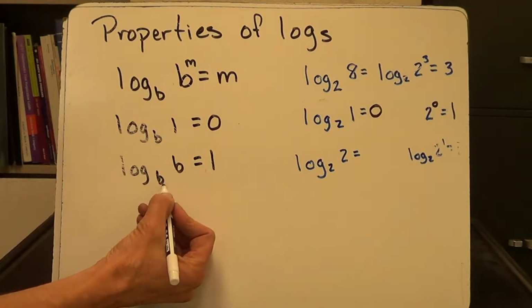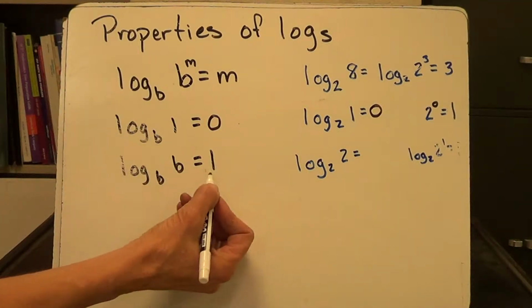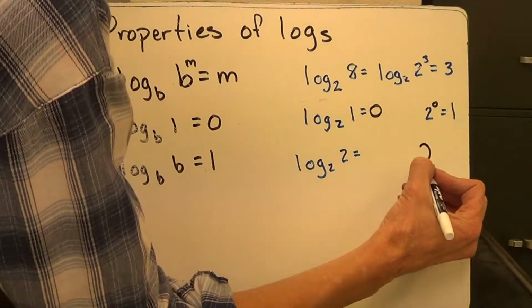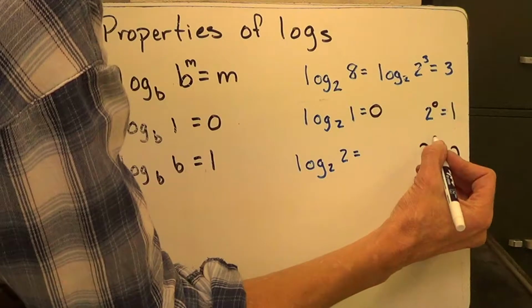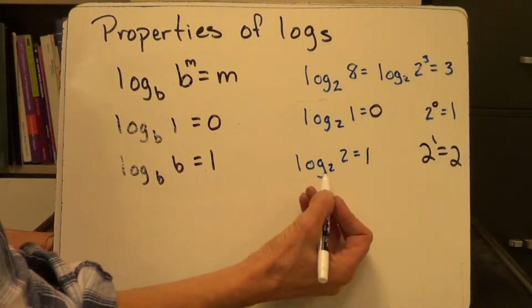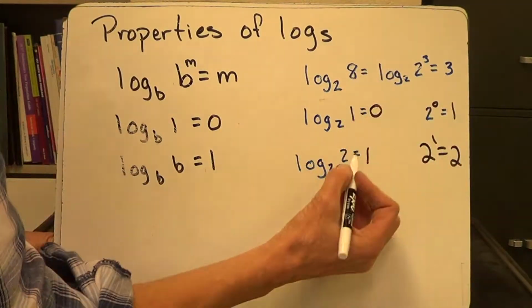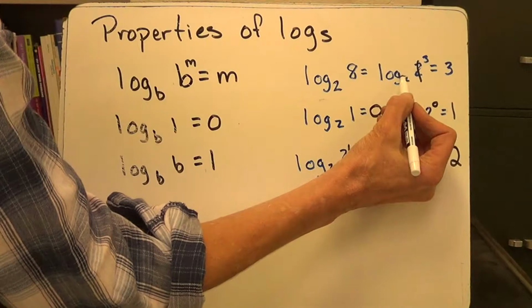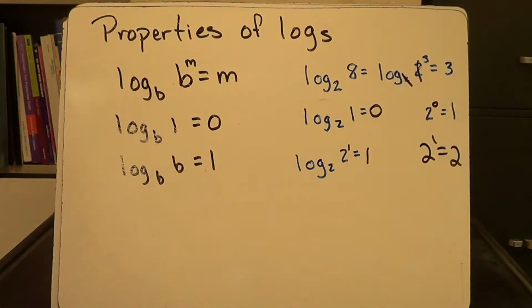Now, log of any base to that base equals 1, because you're saying 2 to what power equals 2? It's going to be 1. Another way you could look at this is it's just like the one up here. It's just raised to the first power, and the base of that exponent cancels, and you get the 1.